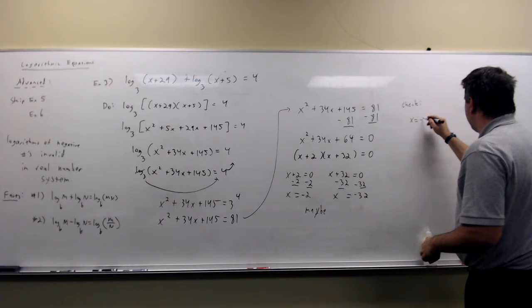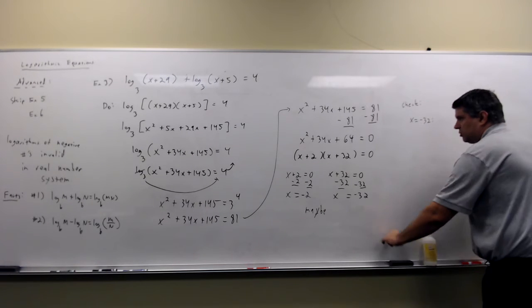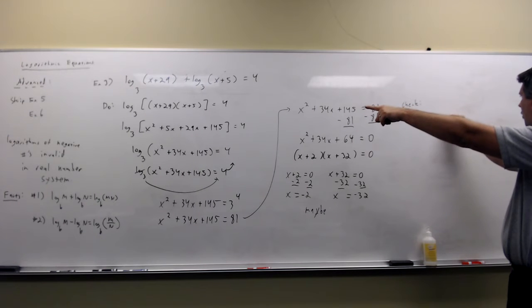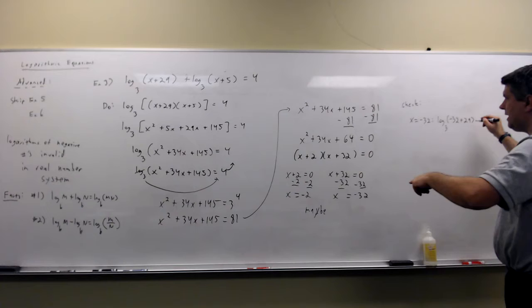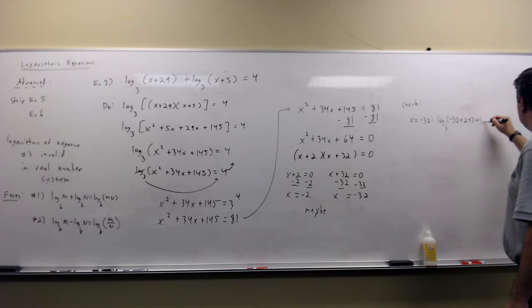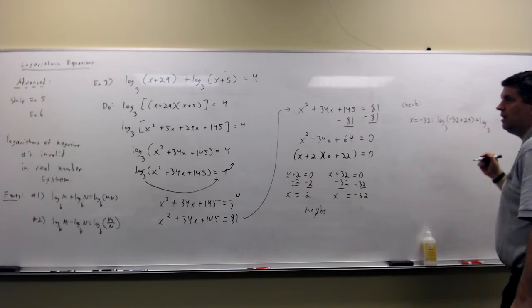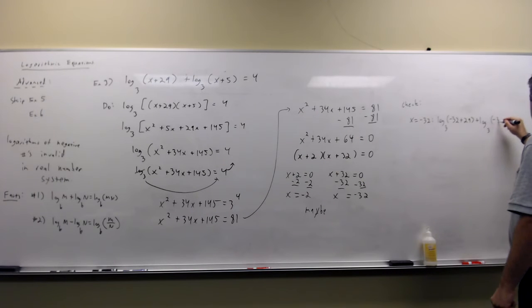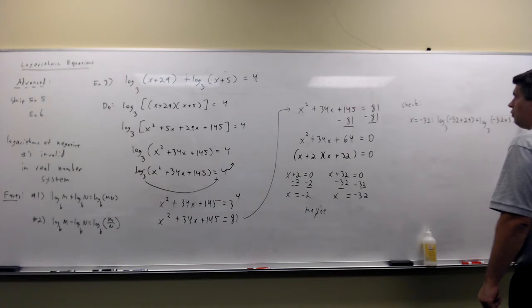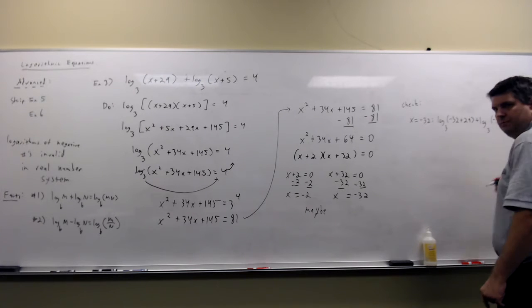So x equals negative 32 is the lower number. I want to know if log base 3 of negative 32 plus 29 plus log base 3 of negative 32 plus 5 really does equal 4.